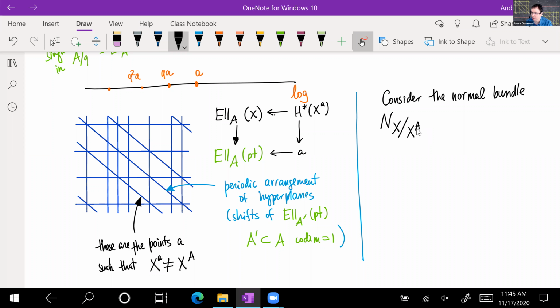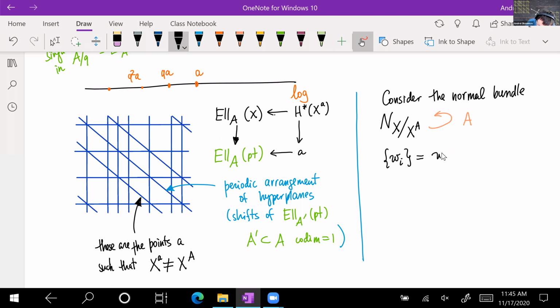So this will have some weight. So there's an action of A here, and it will split according to the weight. A doesn't act on the base, so it will have some weight appearing there in that bundle. So maybe if the weights are WI's, you take the collection of WIs.